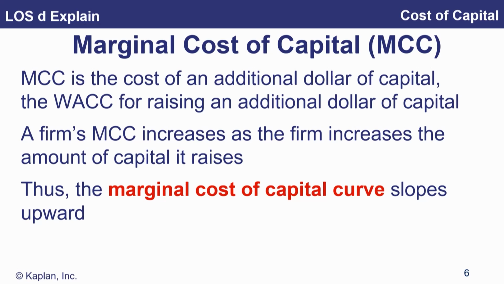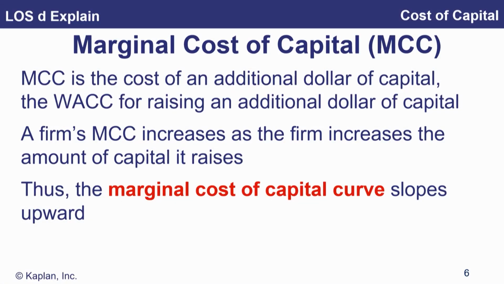So if you raised some more capital, what would the cost be? See, we're talking about next year's capital budget. If we're going to take on, issue new securities, borrow more money, issue more preferred or more common stock, what is the cost on that? Not the cost on the last stock or debt that we put out.